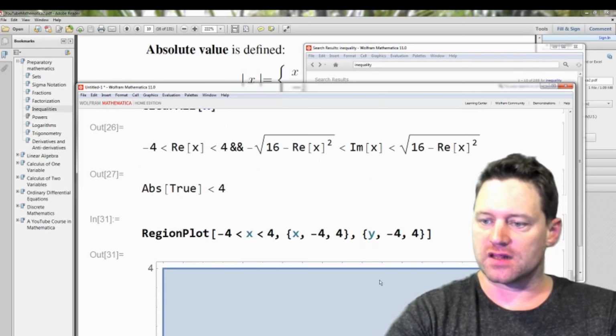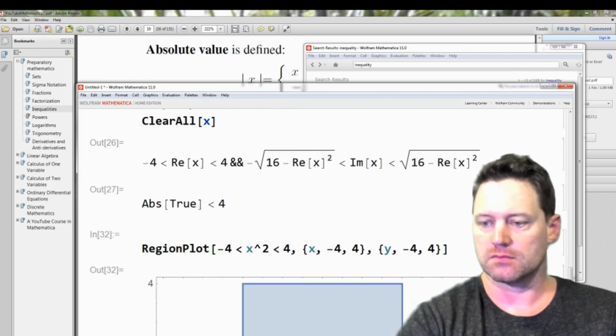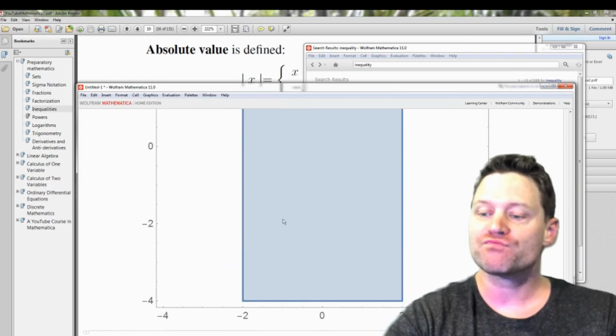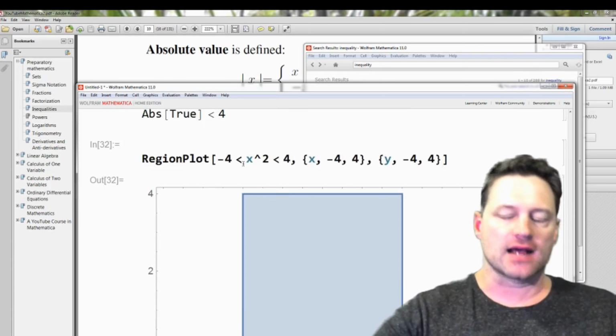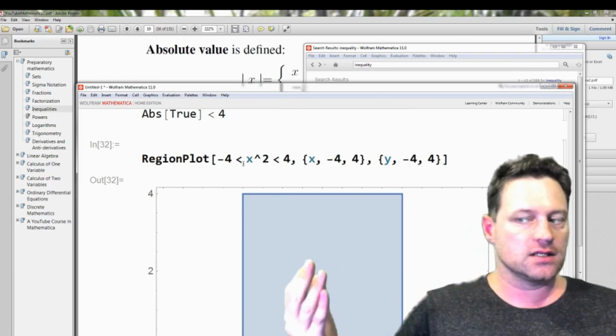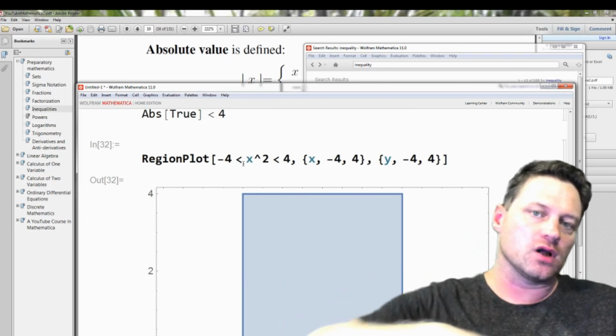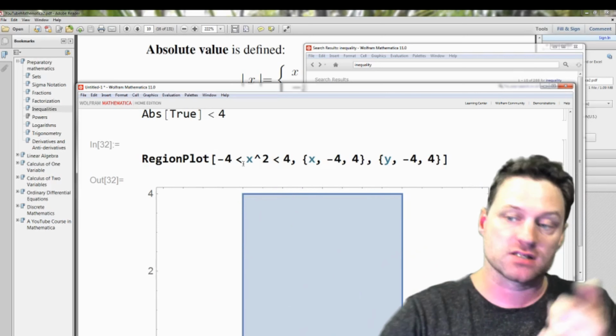Okay, well, it's given the entire thing. Look, this is not exactly what I was hoping for here, but RegionPlot is very useful for when you want to plot solutions of an equation satisfying something.